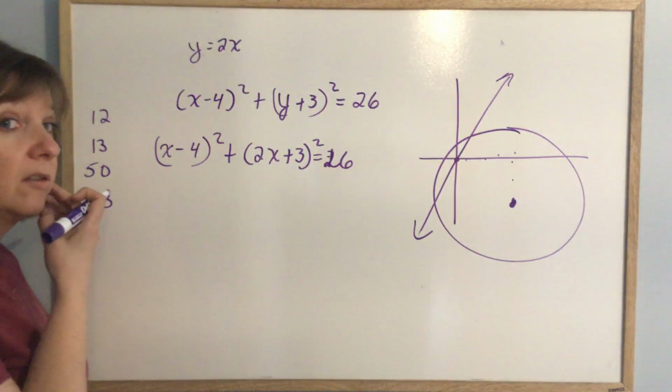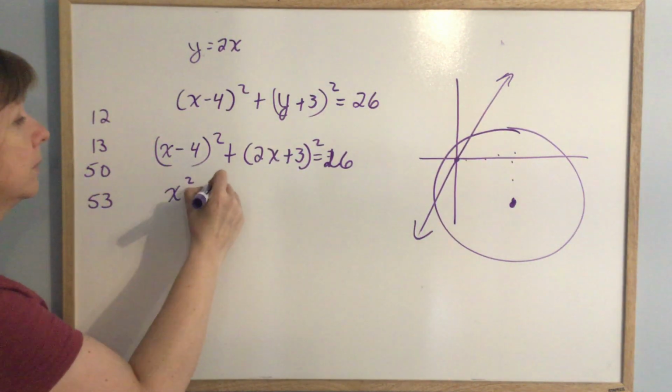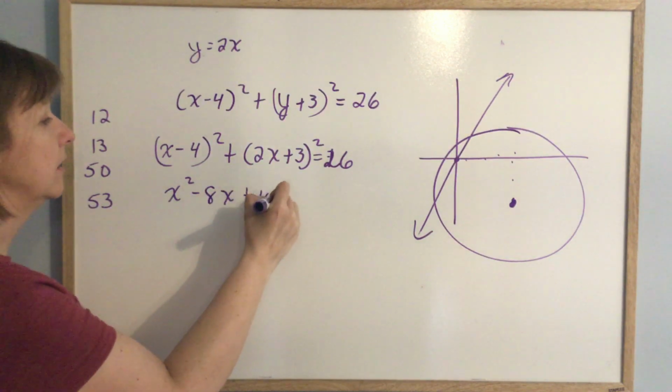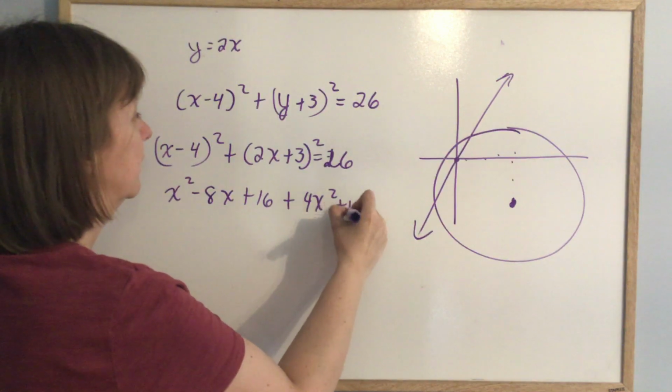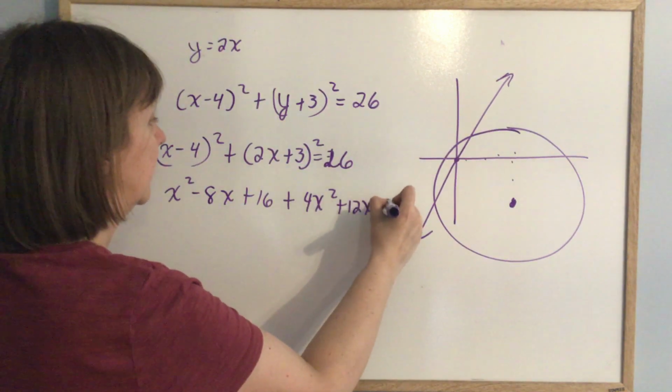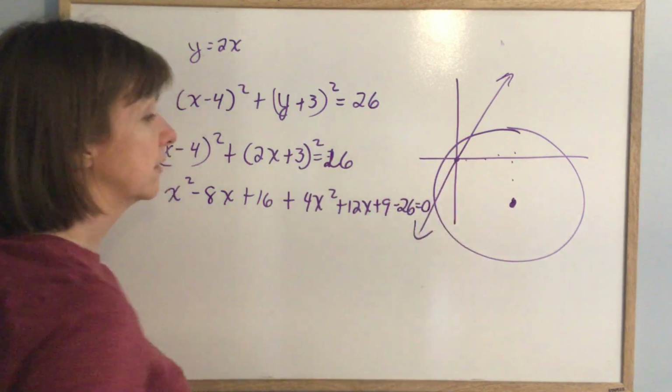And then I'm going to see if I can do this right this time. This would be x squared minus 8x plus 16 plus 4x squared plus 12x plus 9. And I'm going to bring the 26 over to be minus 26 is equal to 0.